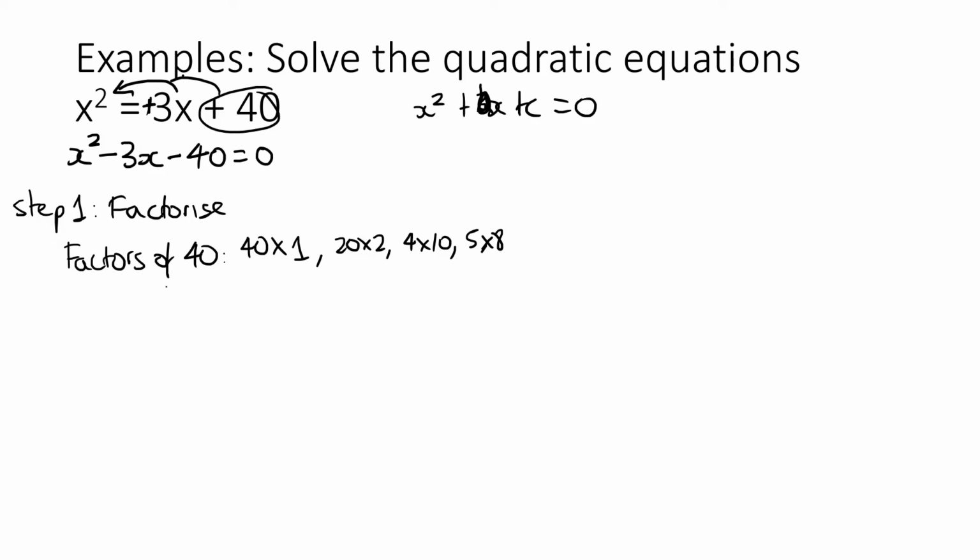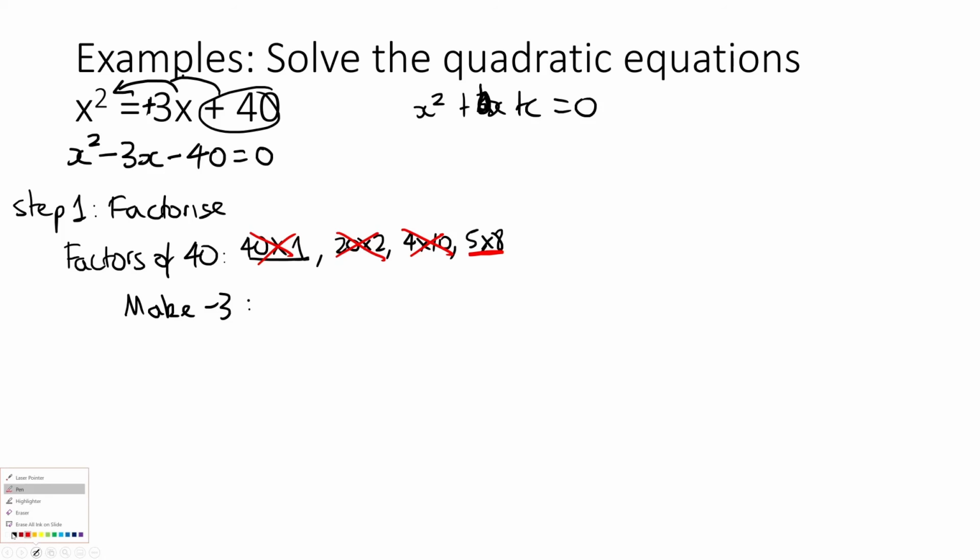And then one of these will make -3 in the middle. This won't ever make -3, so we can just cross this one out. We're not going to use it. 20 and 2, adding or subtracting won't end up as small as -3. 4 and 10 won't make it either. So we can use 5 and 8.